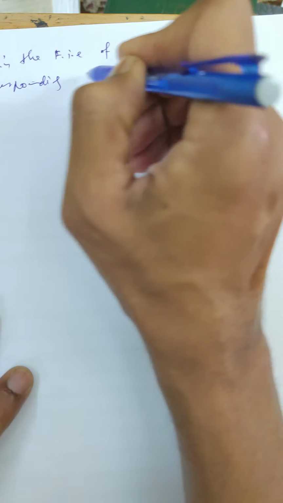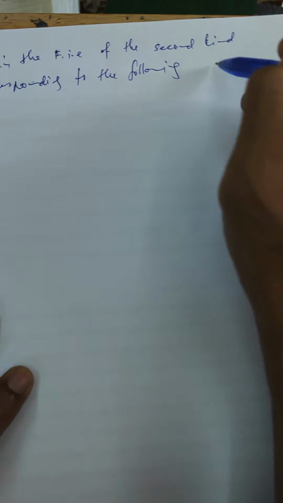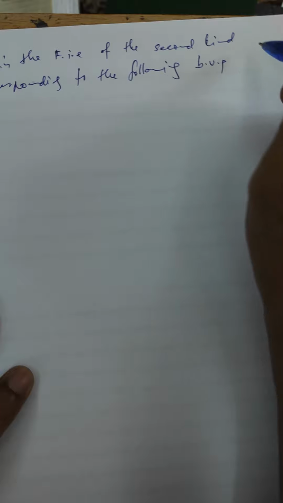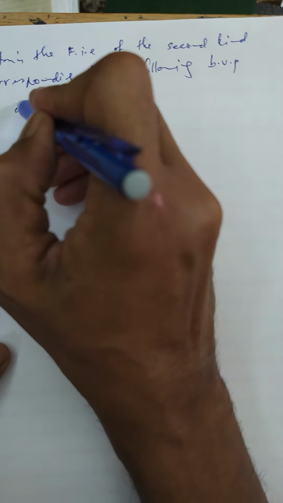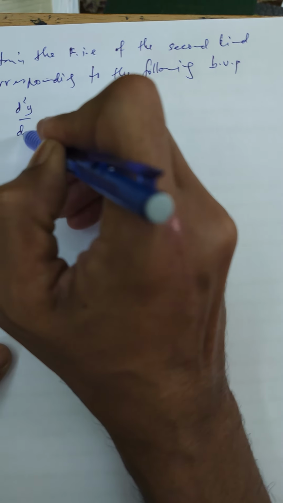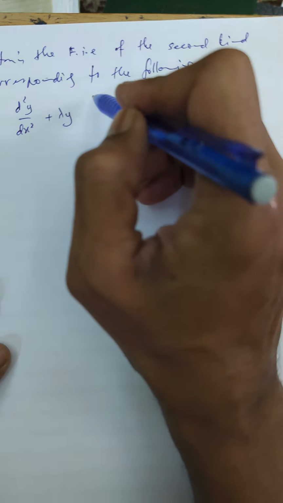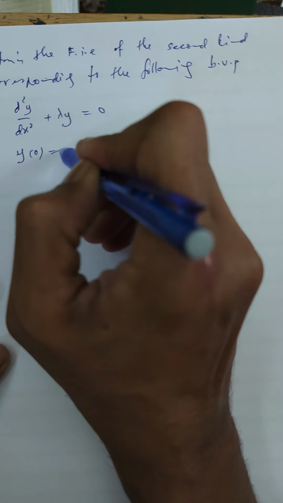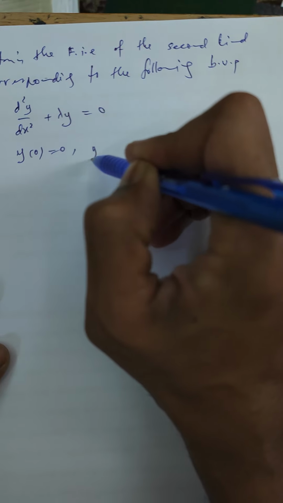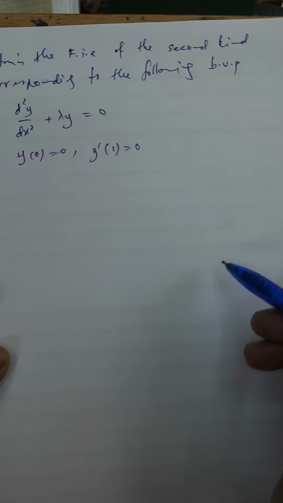So we have d2y dx squared plus lambda y equal to x, for y(0) equal to 0 and y prime(1) equal to 0.